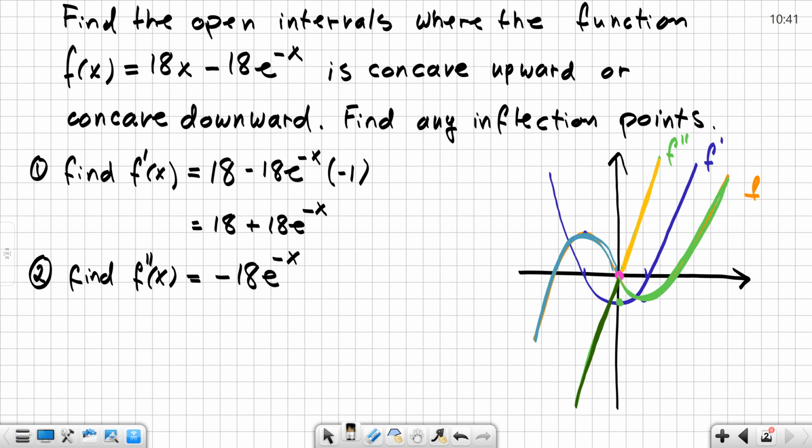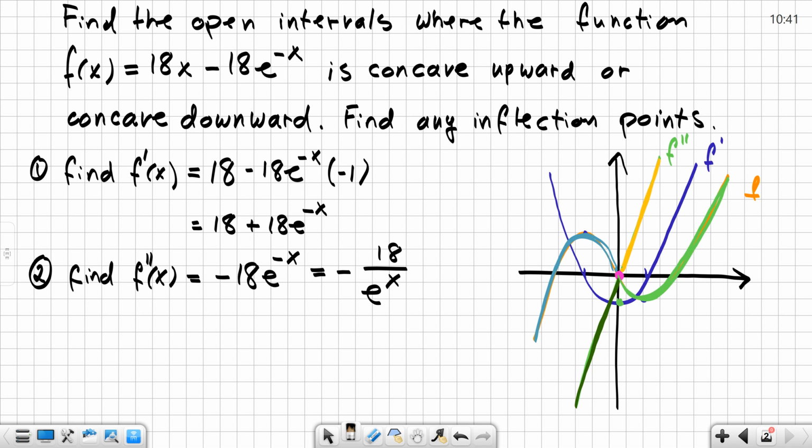The derivative of 18 is, of course, 0. Now, in order to look at this a little bit better, I'm going to rewrite this function in the following way, with a positive exponent. Negative 18 divided by e to the x.